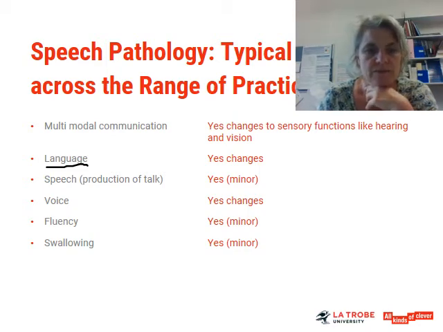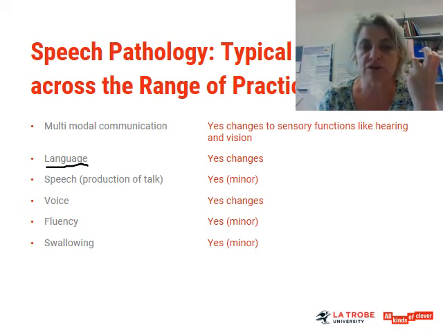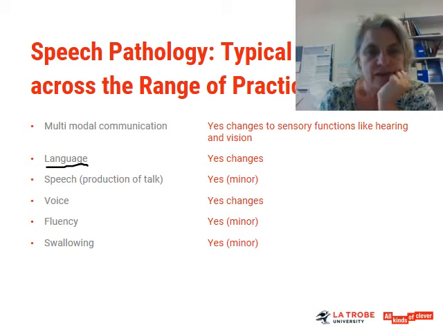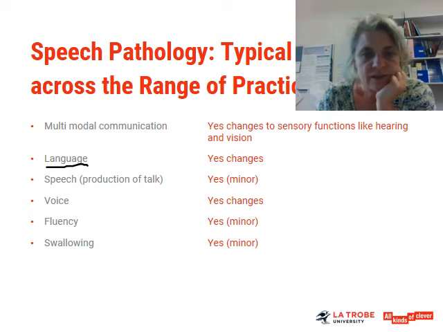And we've talked about hearing changes, which are the precursor to understanding speech. But in terms of the range of practice areas, there are minor changes with ageing across all areas of range of practice.